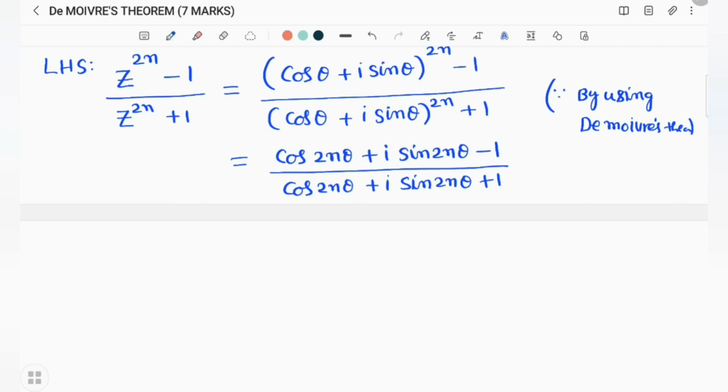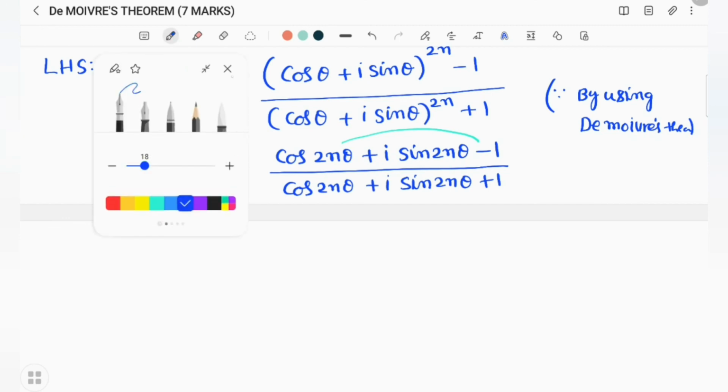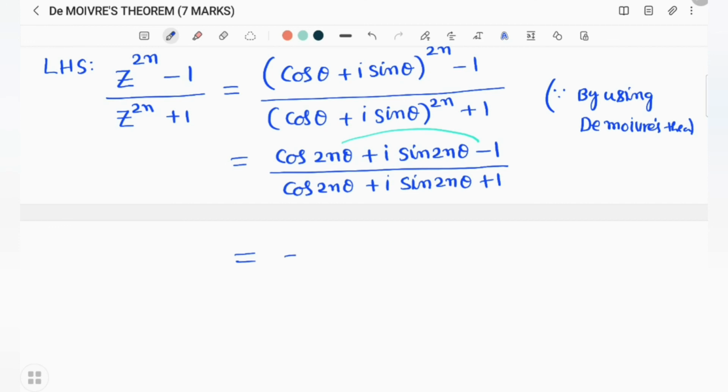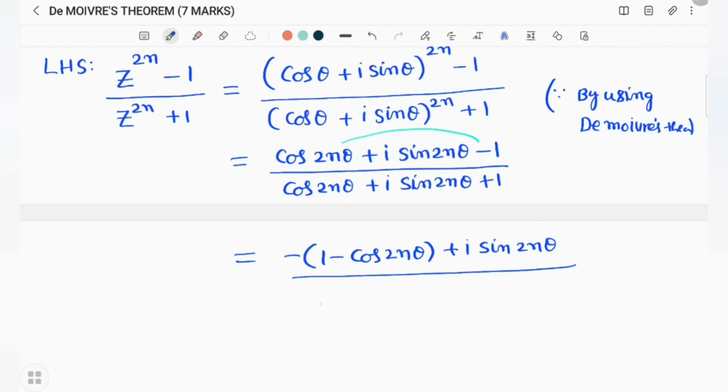In the next step, from these two I am taking common minus, dear students. So minus of (1 − cos 2nθ − i sin 2nθ) divided by (1 + cos 2nθ + i sin 2nθ), writing these terms as one term.